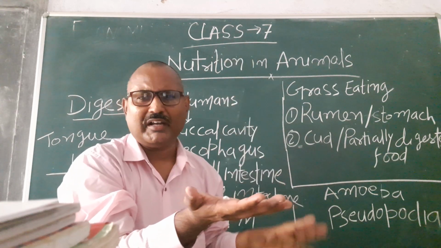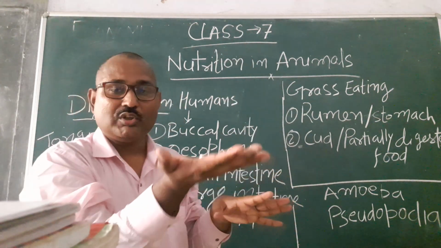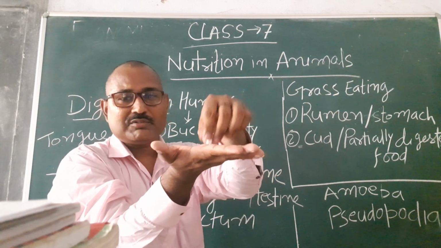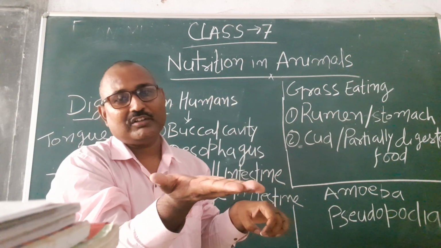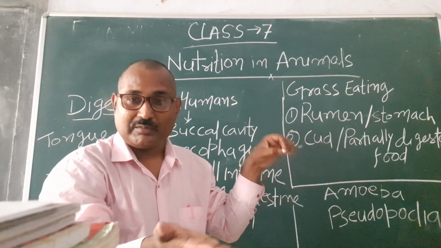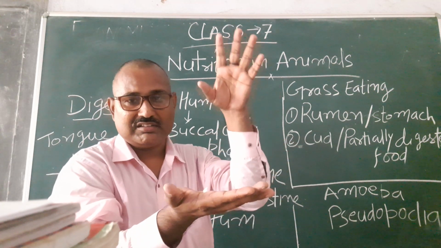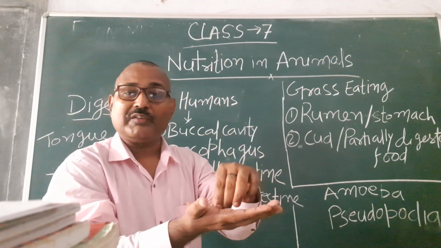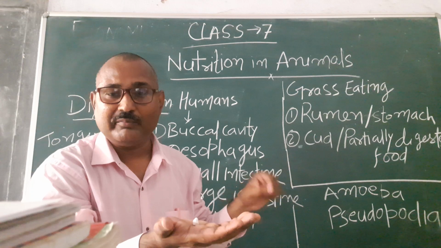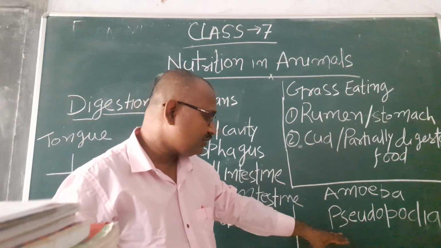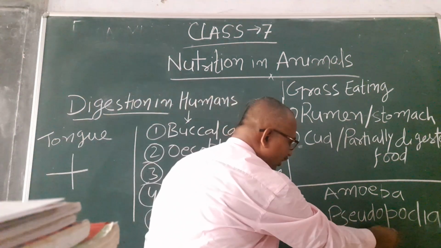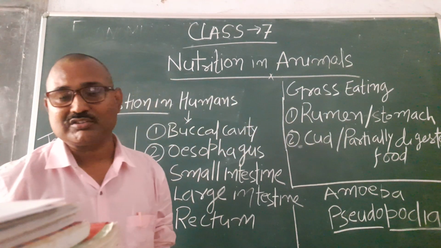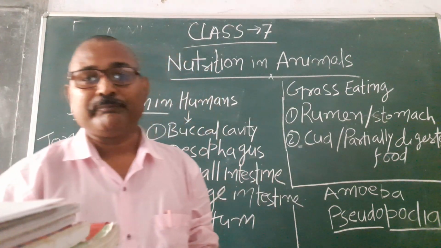It is a very tiny microorganism, so it is not visible how the food comes into its food vacuole. Just as we have a hand and can pick something up, similarly amoeba does, but we cannot see it even by microscope. So it is called pseudopodia. Pseudo means false, and podia means feet. That's why it is called pseudopodia.